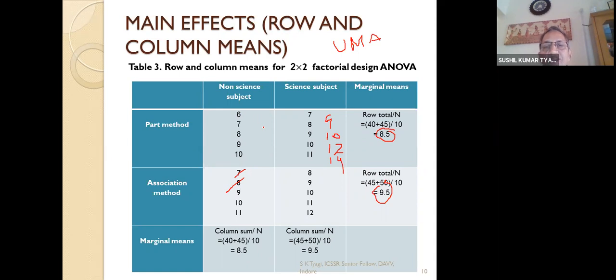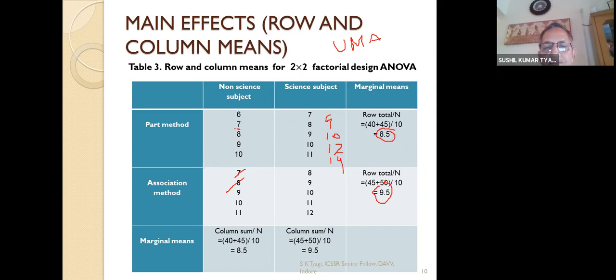But when the sample size is not equal, then we do not use weighted means, but we use unweighted means. Unweighted means are a bit different from weighted means, but in the case of balanced designs, unweighted and weighted means are the same. Now let us see what unweighted means are.